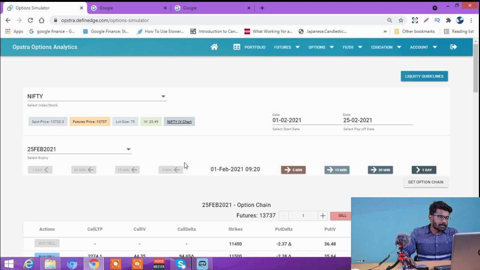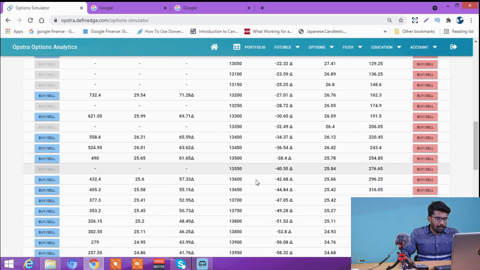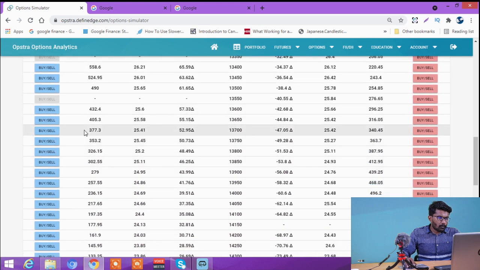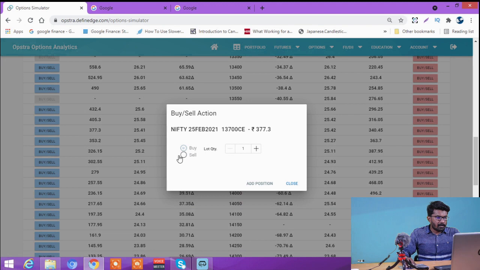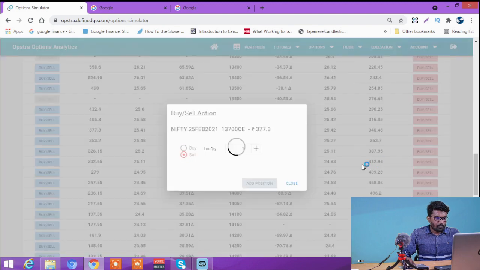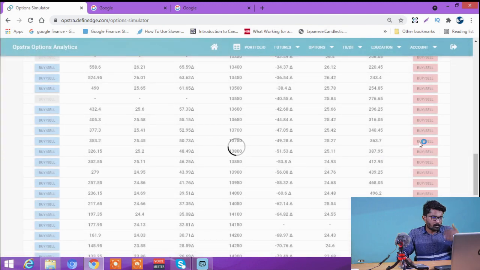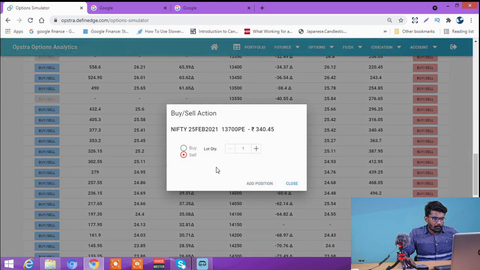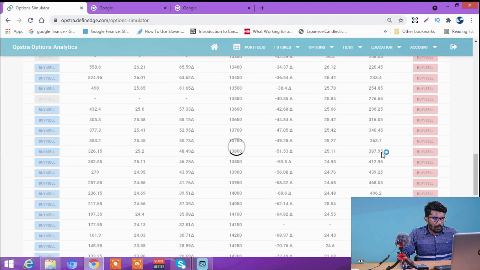At the start of 1st of February, Nifty spot was around 13,700. So we are going to deploy a 13,700 straddle, one lot. That is going to be our starting point. Already I have sold one call and I am going to sell one put.